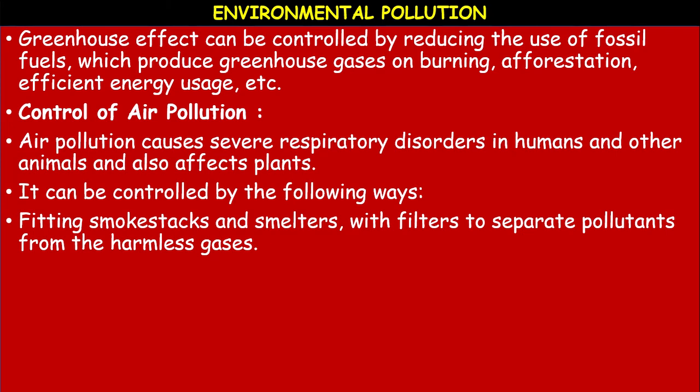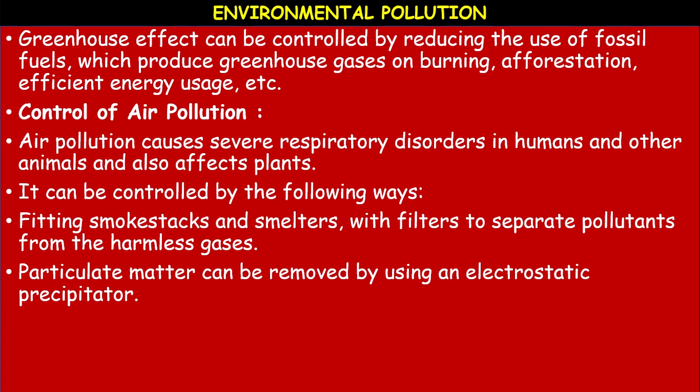So, we have to fix devices which filter the harmless gases from the harmful gases. The particulate matter can be removed by using electrostatic precipitators, which are devices that settle the particulate matter present in the air.